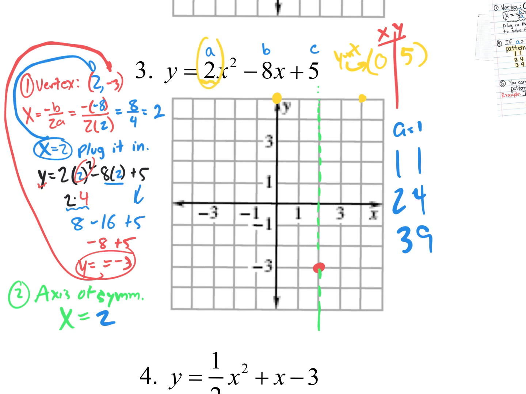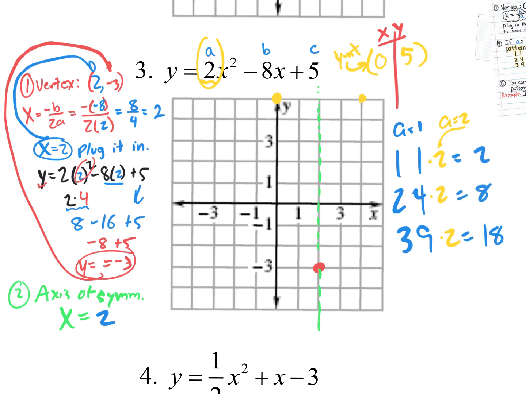So when your a value is 2, you're going to take that new a value and multiply the outputs of your original pattern by 2. You're going to multiply the 1, the 4, and the 9 by that new a value of 2, thus giving you a new pattern: 2, 8, 18.